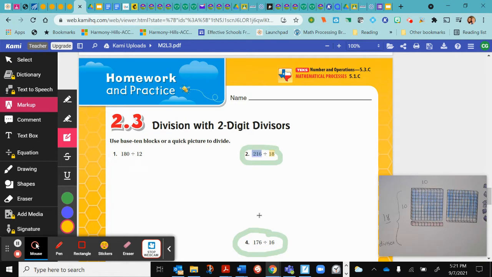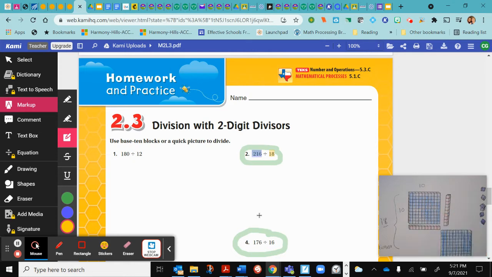All right. There we go. So now I'm going to cash this in. So I'm going to take this out, and I'm going to put in 10 tens because I know that 10 tens make 100.